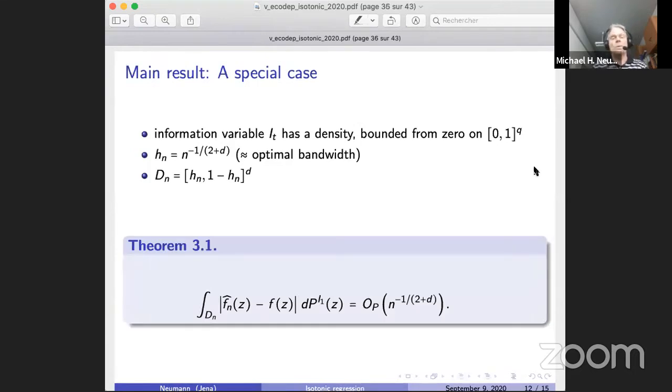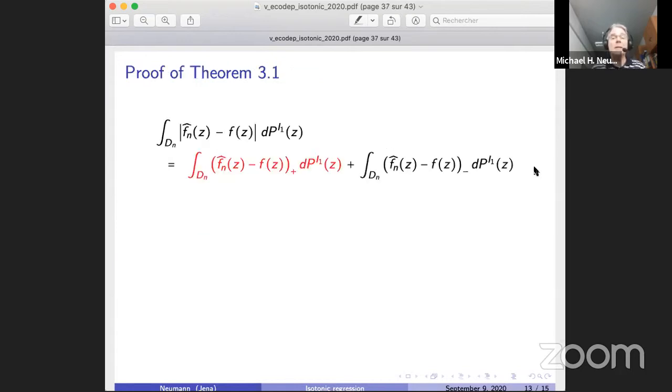Okay, and this is just our result on the asymptotic performance of this estimator. The L1 loss of this estimator decays at the rate n to the power -1 over 2 plus d, which is actually the optimal rate of convergence in this context. So next slide, please.